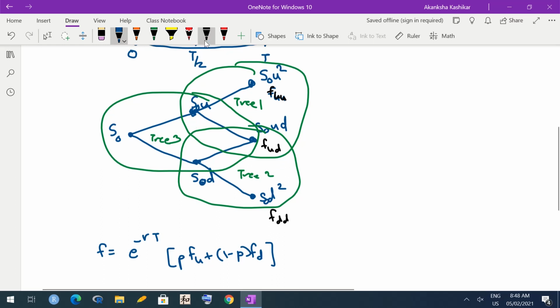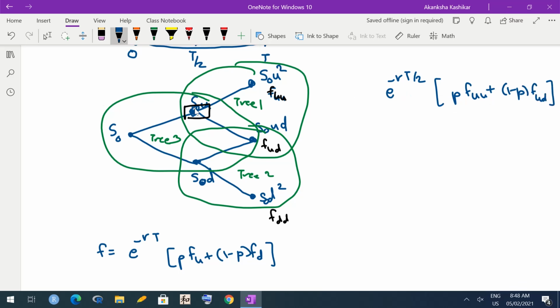So value at this particular point would be e raised to minus rt by 2, because the time period here is t by 2, times p of fuu plus 1 minus p fud. Let me give some number to this. So this is say point number 1, this is say point number 2, and this is point number 3.